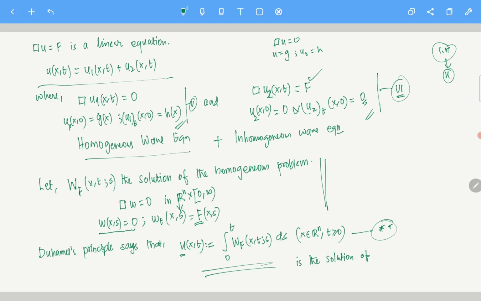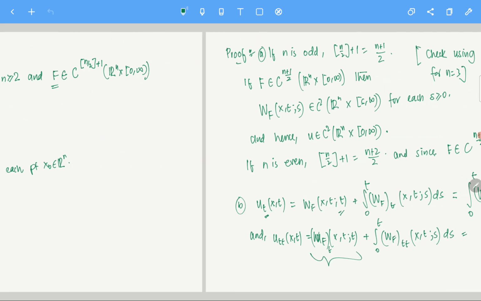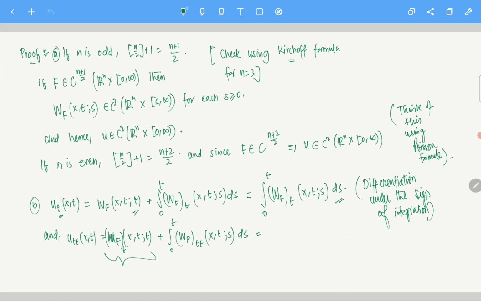Okay, so w is 0, and w_t is capital F. That is why this w_f is 0. w_f t is capital F, so this is capital F of x,t plus the integral from 0 to t of w_f, and this is not with respect to f, this is just a notation w_f.